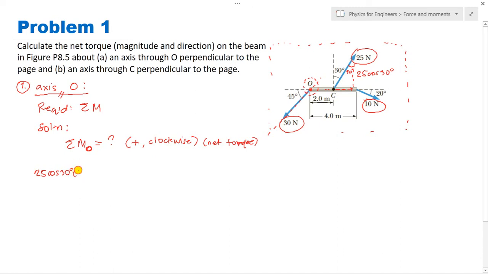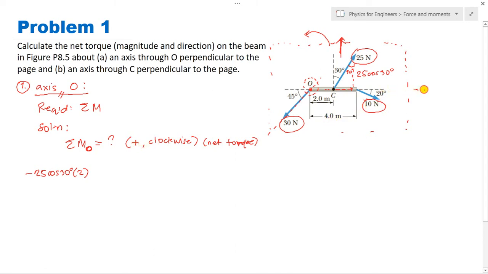Then we consider the rotation, clockwise or counterclockwise. It goes counterclockwise, so it is negative, since we consider positive to be clockwise. How about the 10 newtons?